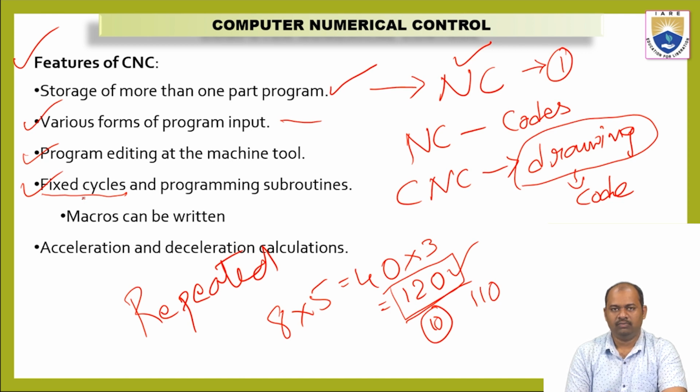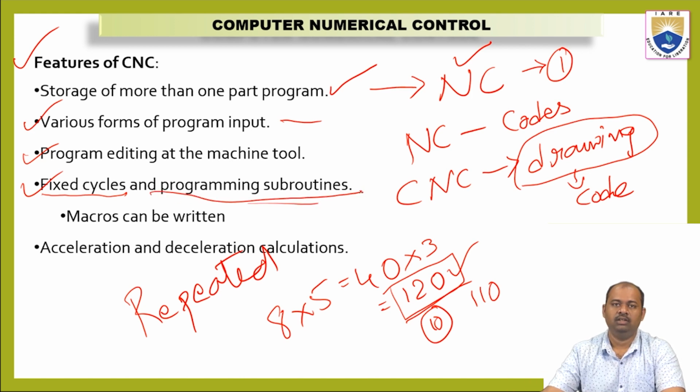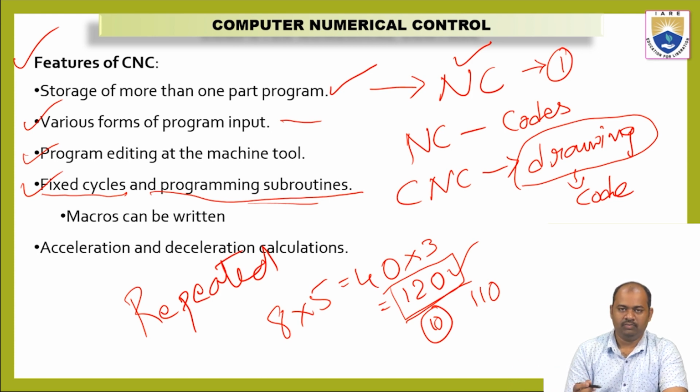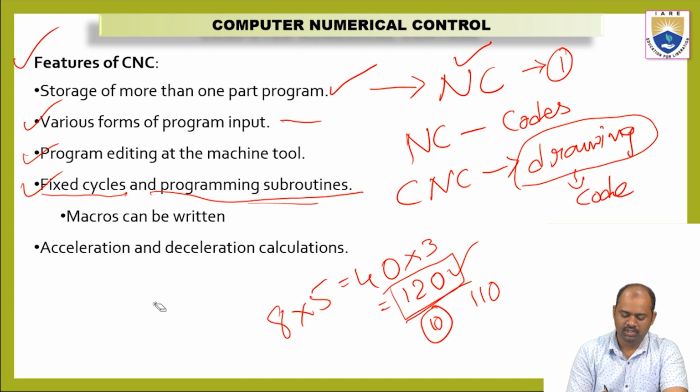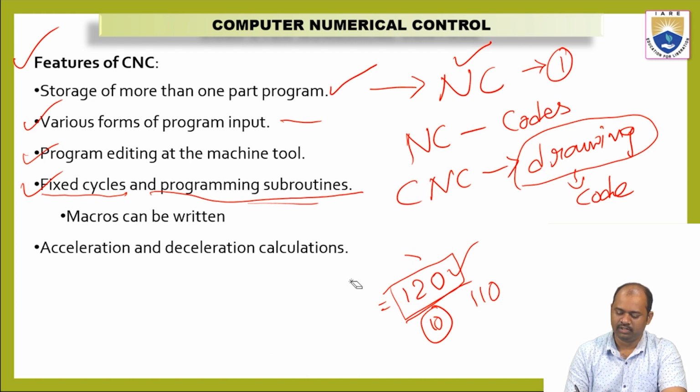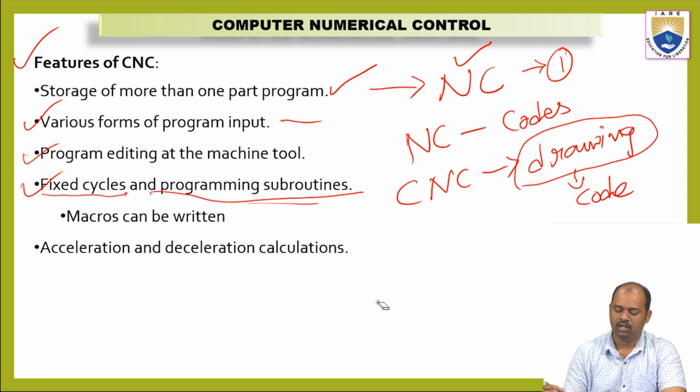Programming subroutines can also be changed, so that each time we can use the same machine for different designs. Because of advancements in technology, we can use the same CNC machine for different operations. Simply we can change the code and the subroutines.